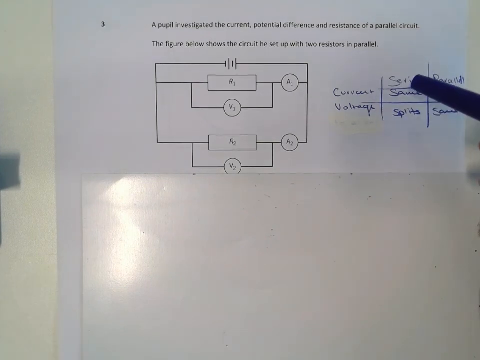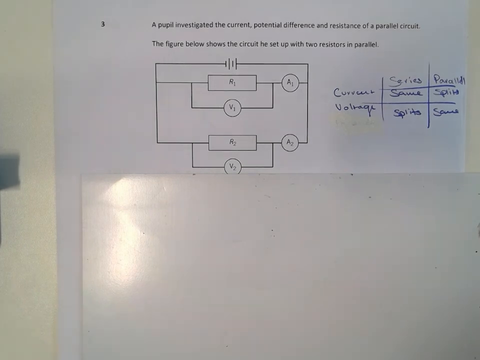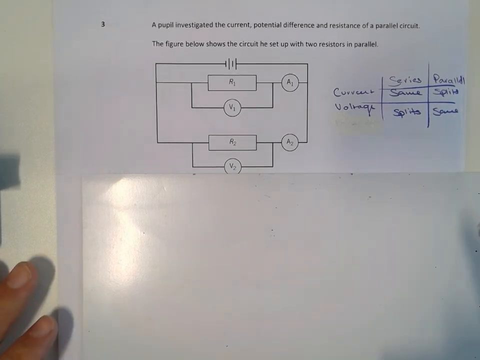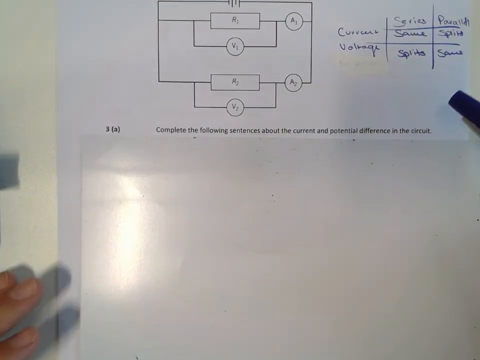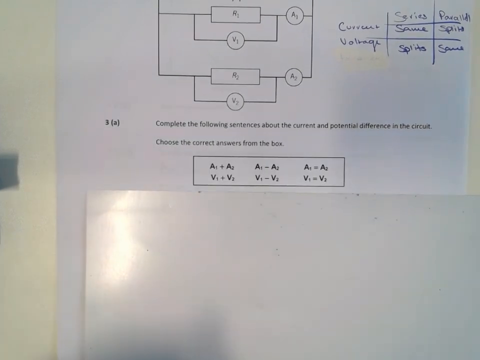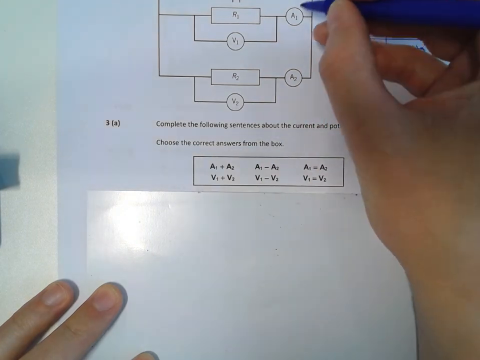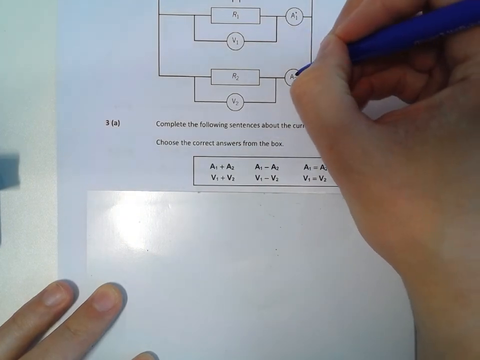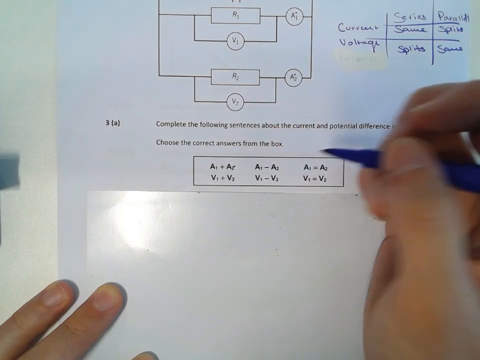The reason is, well, this is always helpful, but it will become clearer very shortly when you see what the question is asking you to do. So it wants you to complete the sentences about current and potential difference in the circuit, choose from the correct answer in the box. So just so we're really clear, A is going to be ammeter 1 and ammeter 2.